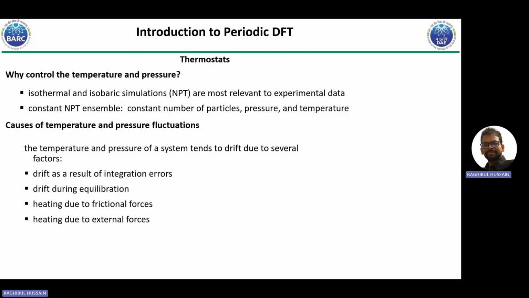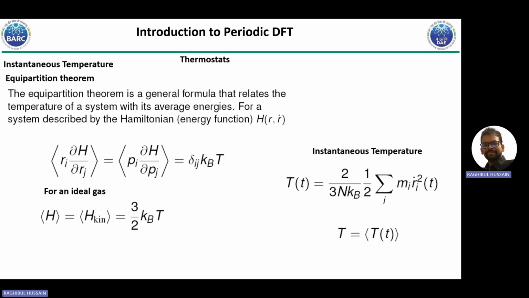So now, what is the role of this thermostat in your simulation? Suppose you are running your system and you can calculate the temperature. Suppose you have given 300 K to run your simulation.